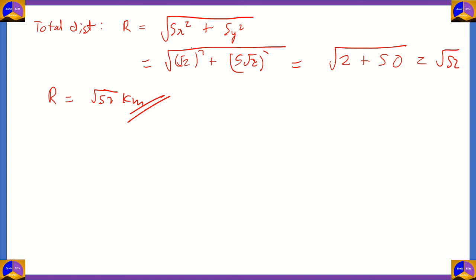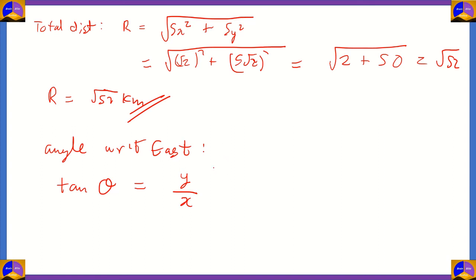So now that you've found the final distance, we need to find the angle with respect to east. In order to find this angle, we take the tangent of the angle. The tangent of the angle is equal to y by x, the y component divided by the x component.